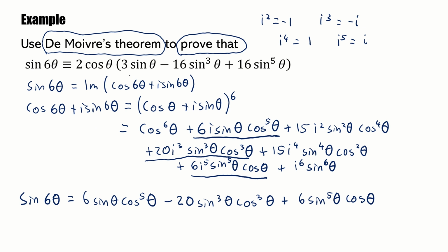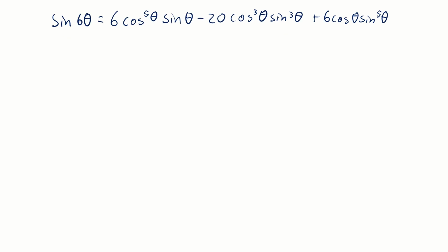But the other thing to bear in mind is we notice that's the only place cos theta appears in the expression they've got. The rest of it is all in terms of sin theta. So once we've factorized 2 cos theta out of the entire expression, we know we're going to have to be converting any remaining cos thetas to sin thetas. So doing that, we can factorize that 2 cos theta out as promised.